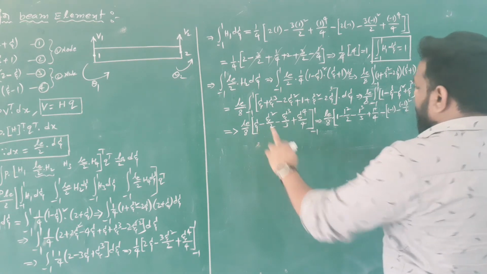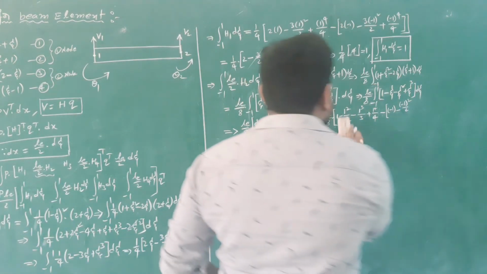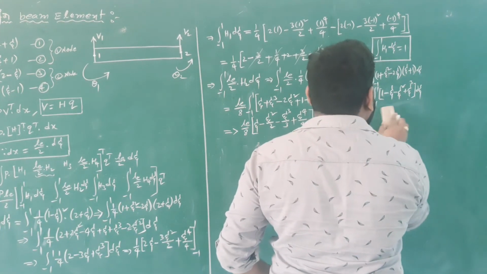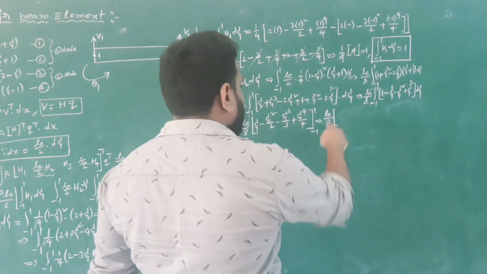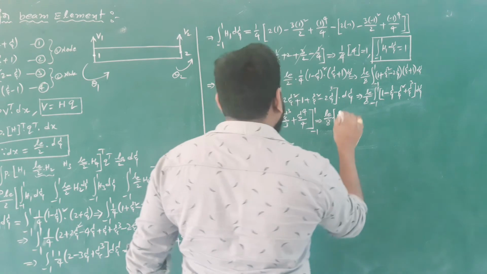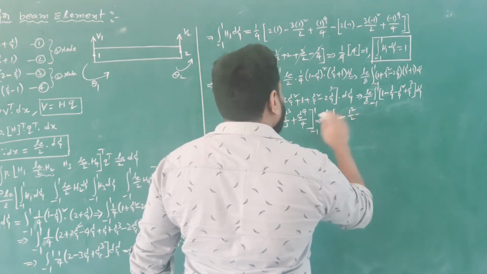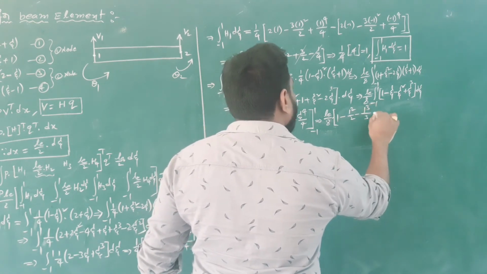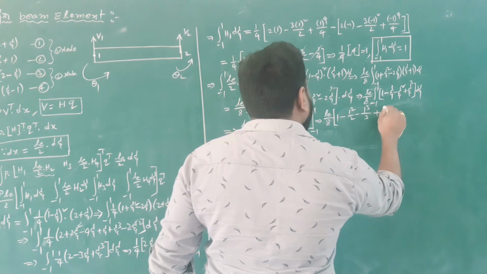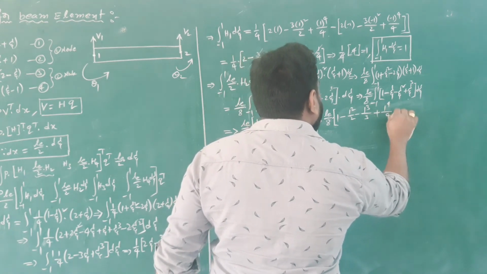I will write here in the downward direction, at the bottom. So first we apply the upper limit: 1 minus 1 square by 2 minus 1 cube by 3 plus 1 power 4 by 4. This is the upper limit.